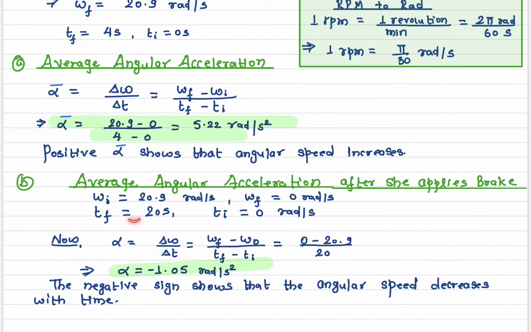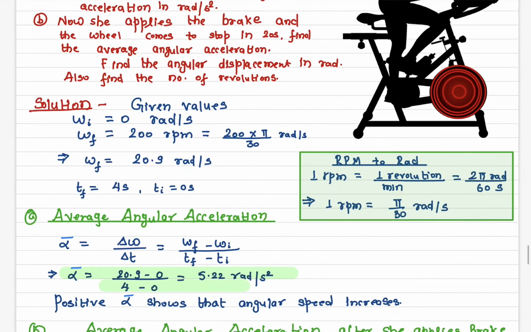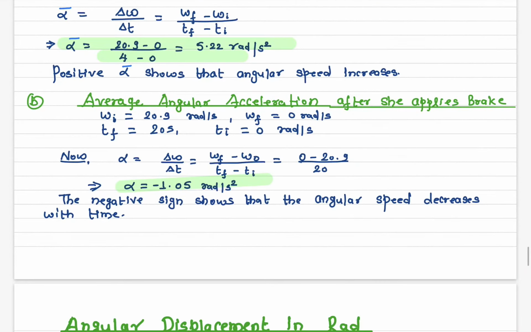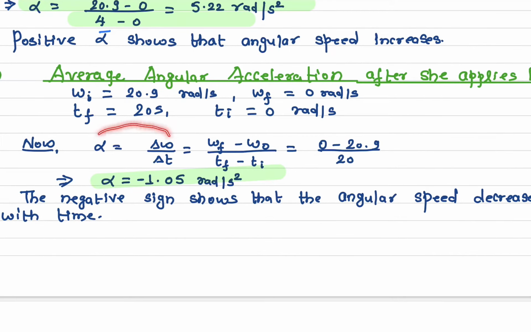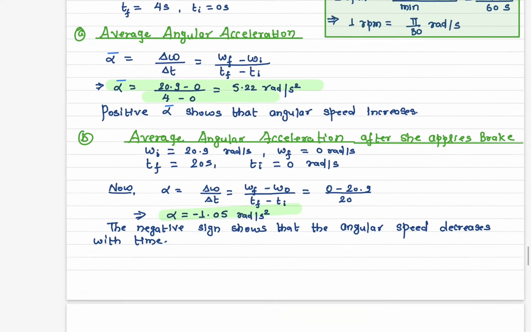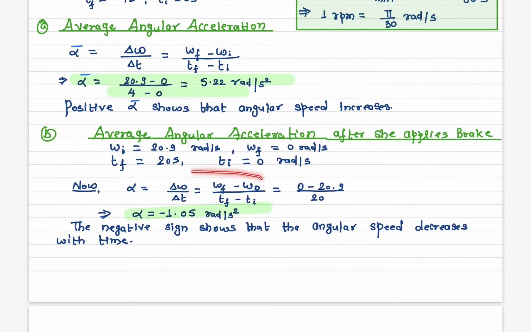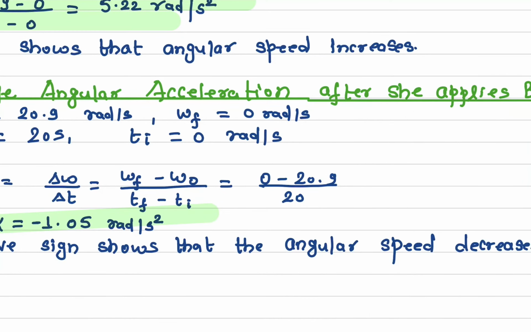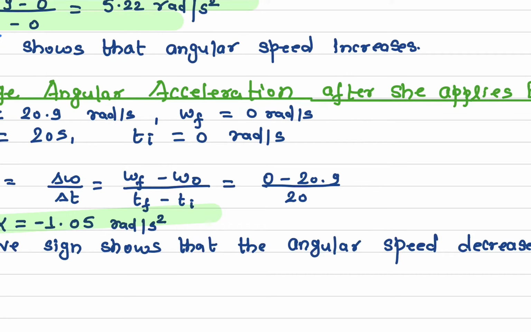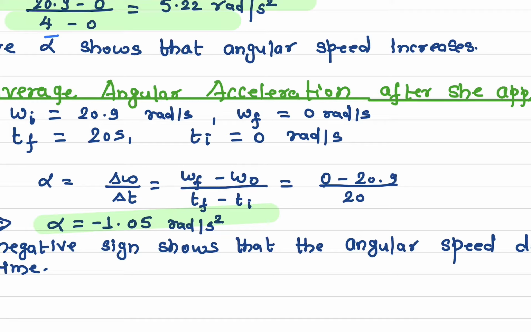So the change in time is 20 seconds, because it says it took 20 seconds. And now again the same formula, the average angular acceleration, is the change in angular speed divided by the change in time, which is the final angular speed minus the initial angular speed. What is the final angular speed? Which is 0 radian per second. And the initial angular speed, or omega naught, sometimes we also denote it by omega i, is exactly the same thing.